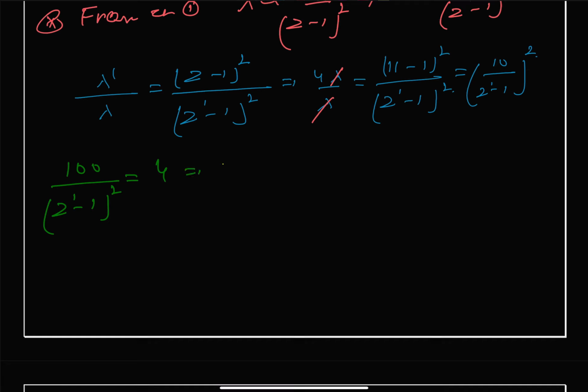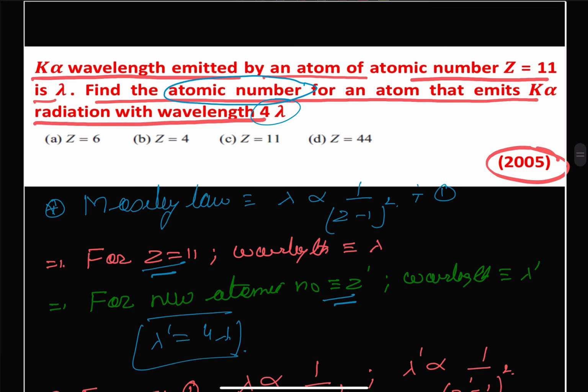Therefore, Z prime minus 1 whole square is equal to 25, giving us Z prime minus 1 is equal to 5. Therefore, Z prime is equal to 6. So option A is correct.